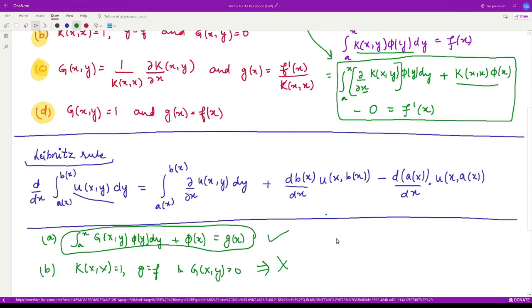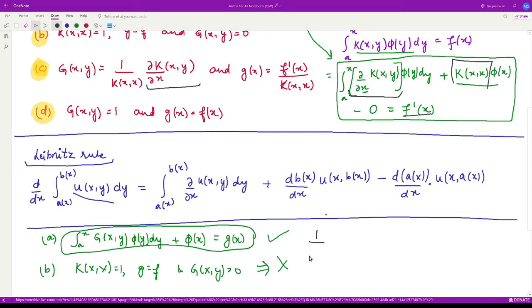For the third option, let me write it like this. They are saying g(x,y) is equal to this term divided by k(x,x), and g is equal to f dash divided by k(x,x). So we can divide this whole equation by k(x,x). No harm in doing that.